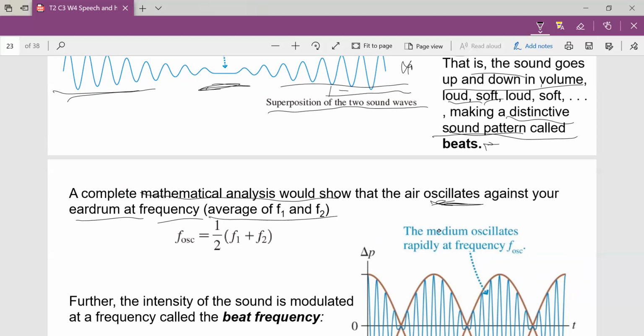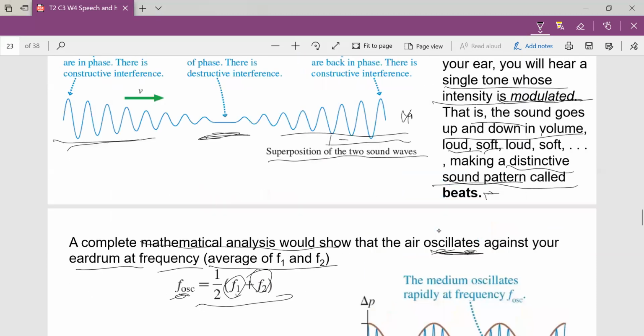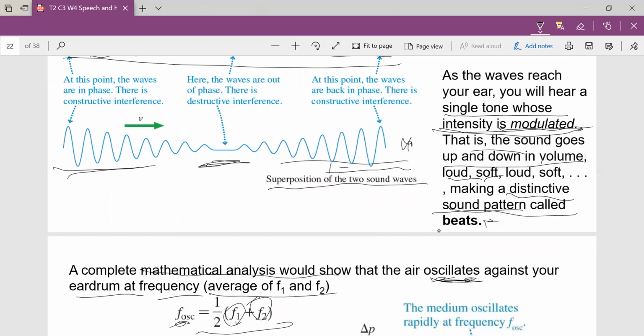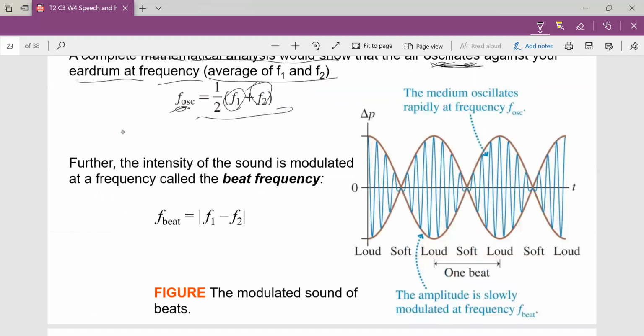So the frequency of the air that oscillates, that you hear after producing these two sounds, is the average of the frequency of the first and the second. Now we said something about beats, that they come to you as a single tone because their intensity is modulated. So let's look at that phenomenon of modulation.